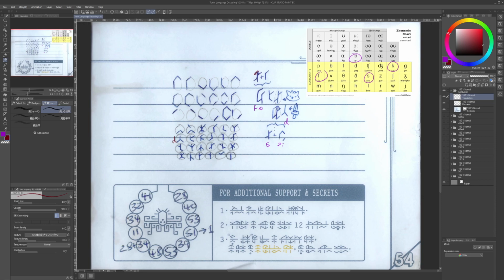Oh, they actually made a typo. Interesting. So I wonder if this is a similar sound to this. So that's why it's a typo. But anyway, okay, so... we know these are vowels and these are consonants. So F is this one, I think. F.